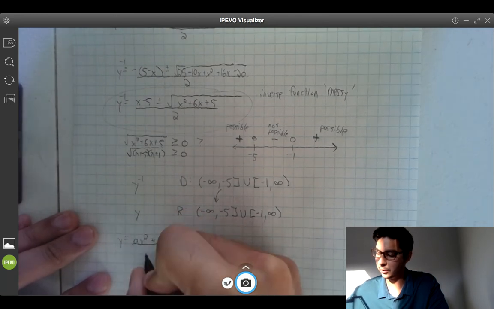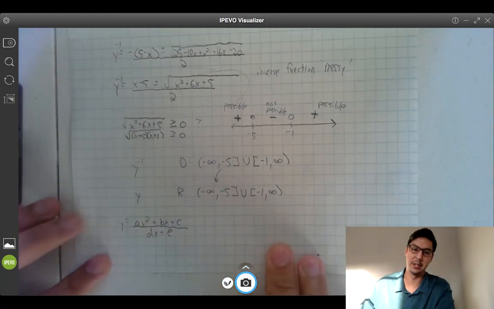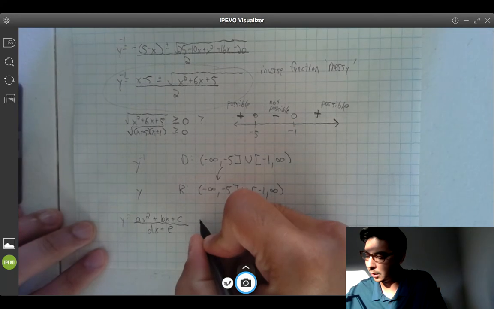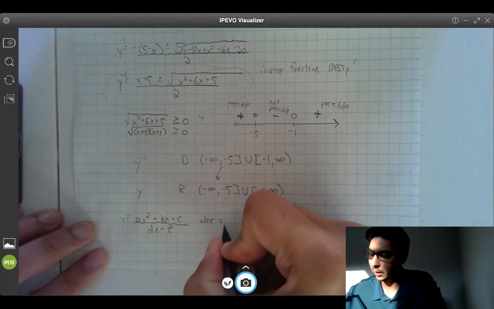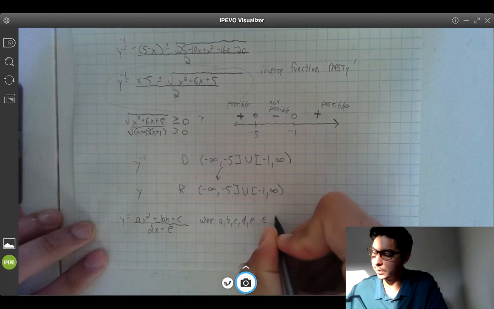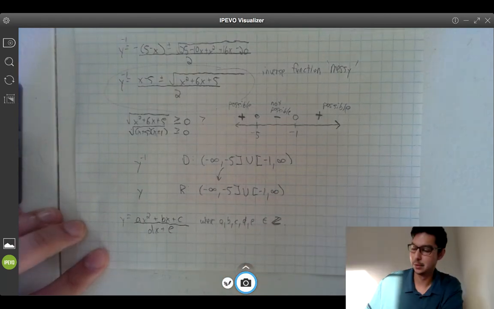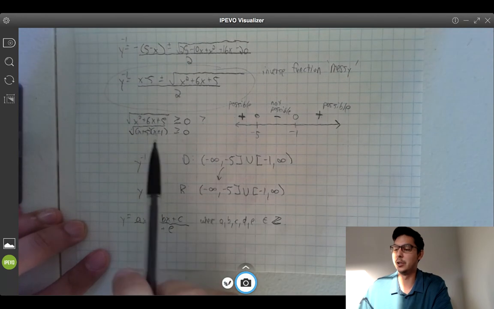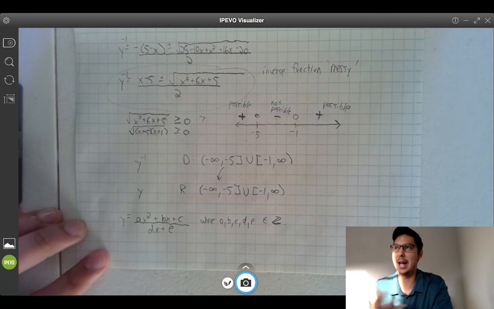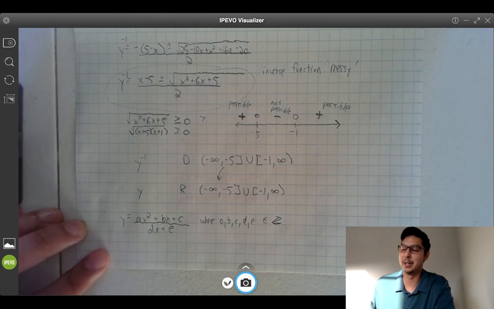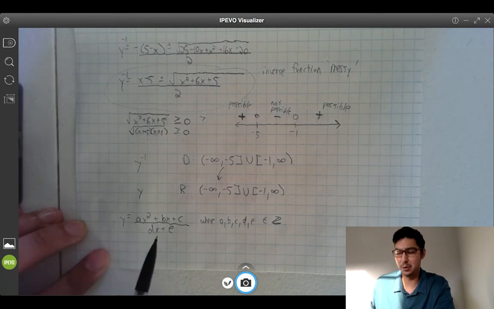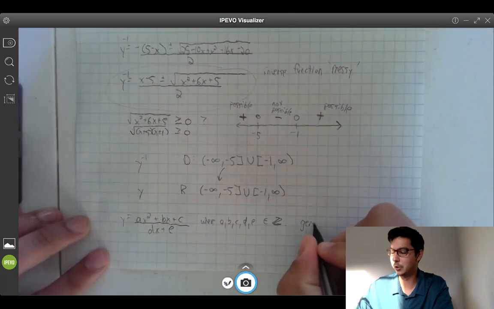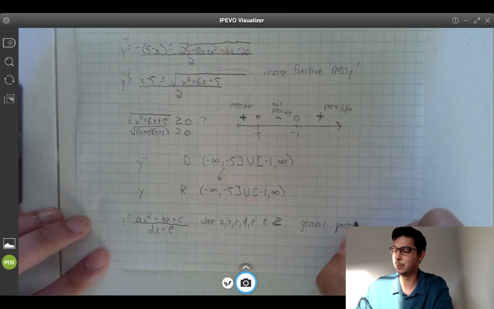So if you looked at some rational function of this order, ax squared plus bx plus c all over dx plus e, where a, b, c, d, e are integers, is there a nicer way of saying, if you just take a, b, c, and e and do this algorithm to them, what happens? Maybe you'll get an answer. Maybe there's a different approach. It gets kind of messy, and I don't even know if that's possible, but that would be the next step here.